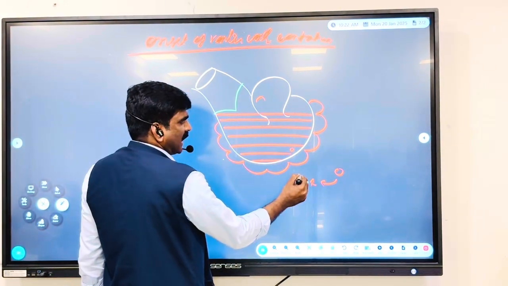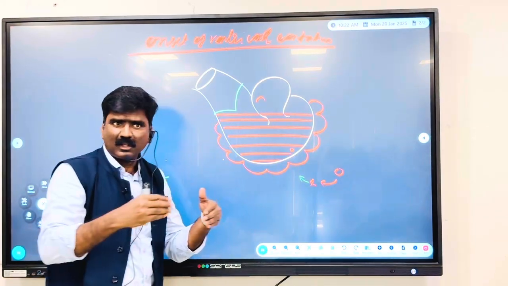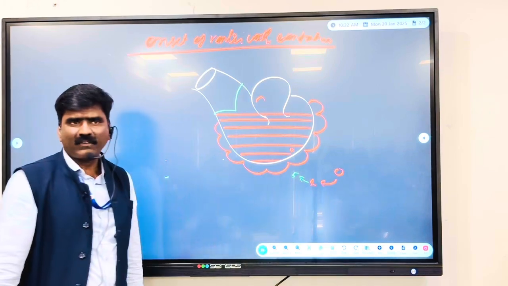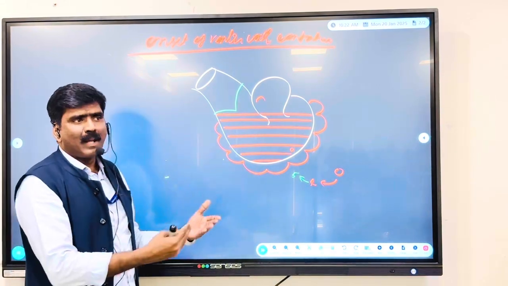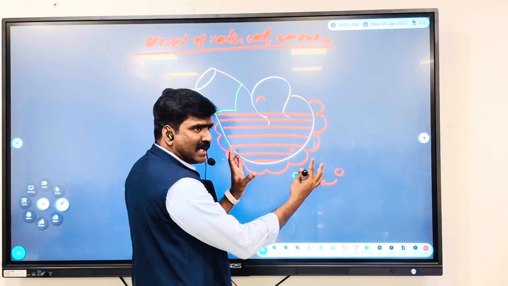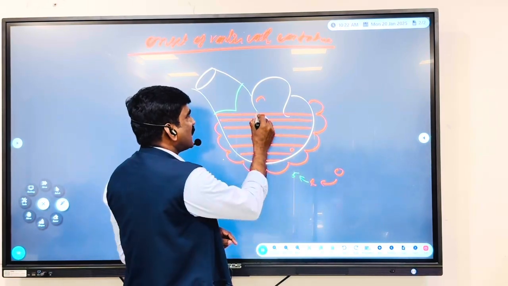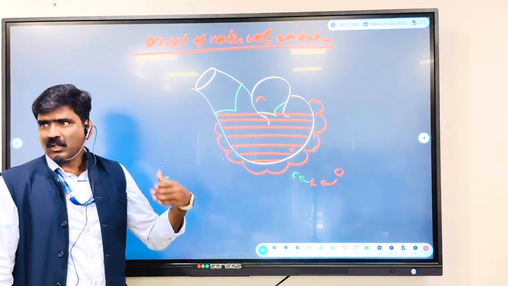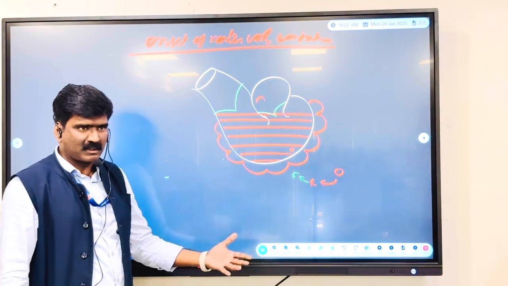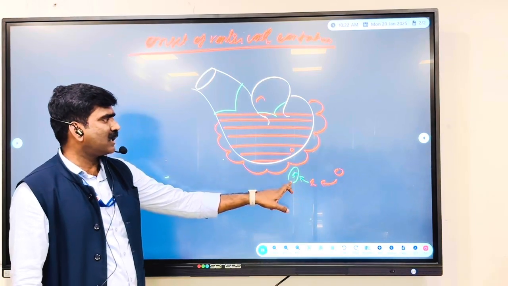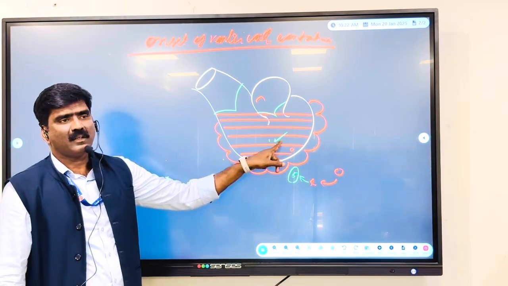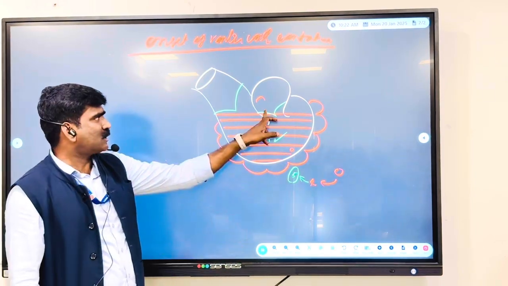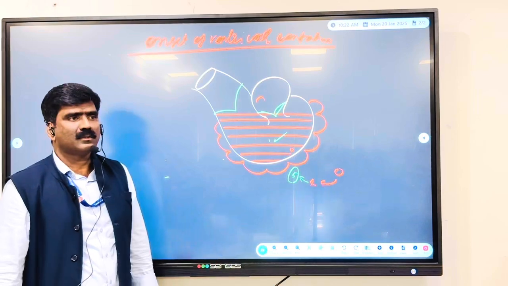Because the ventricles are contracting, the pressure will increase slightly to 5 millimeter of mercury. So when the pressure is slightly building up in the ventricle, suddenly this valve will close. During onset of ventricular contraction, when the pressure reaches approximately 5 millimeter of mercury in the ventricle, this valve will close, right?